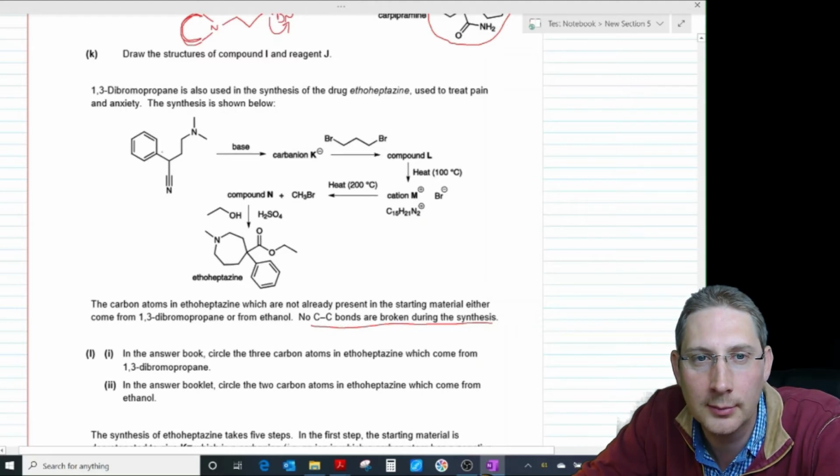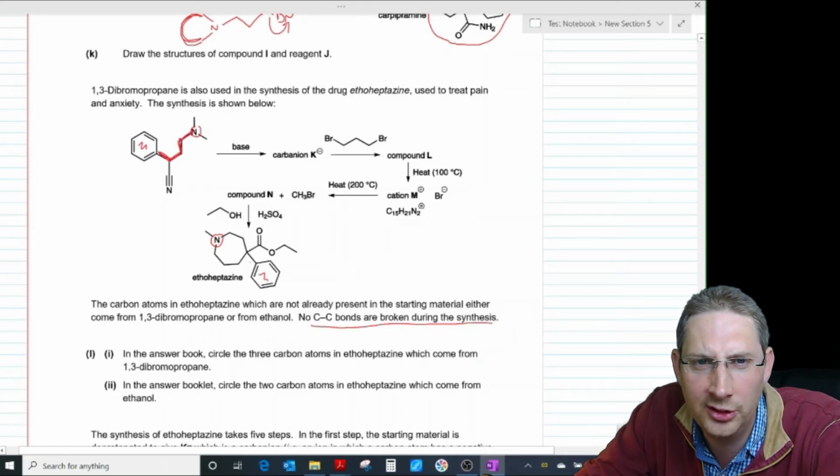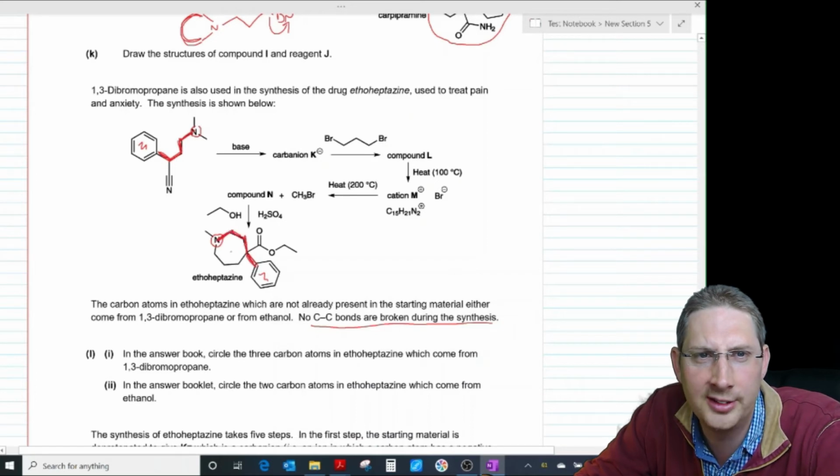Right. Let's presume that this ring here is this ring here. This nitrogen here is this nitrogen here, okay? So that's what I'm guessing. So from this to that nitrogen, we've got 1, 2, 3, 4 bonds. We've also got 1 extra carbon here, but then we've got 3 carbons sitting in here.